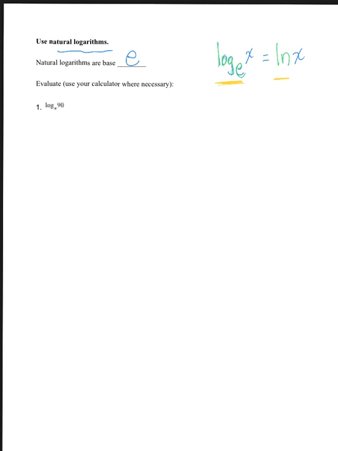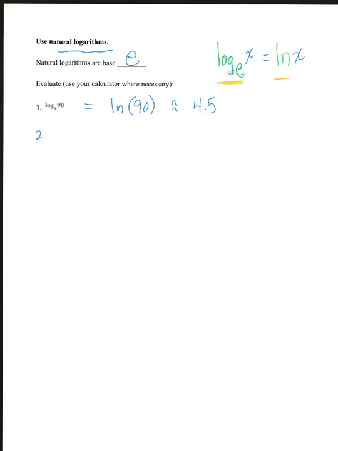So if I were to ask you what would log base e of 90 be, you would then select the ln button on your calculator because that's a very important type of logarithm. That's right underneath the log button. Then you would enter the argument of 90, and what you should get is approximately 4.5.